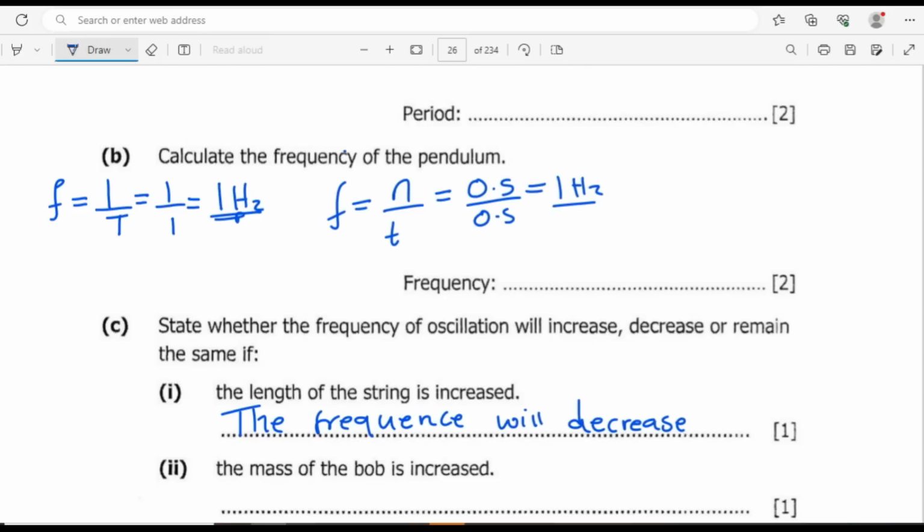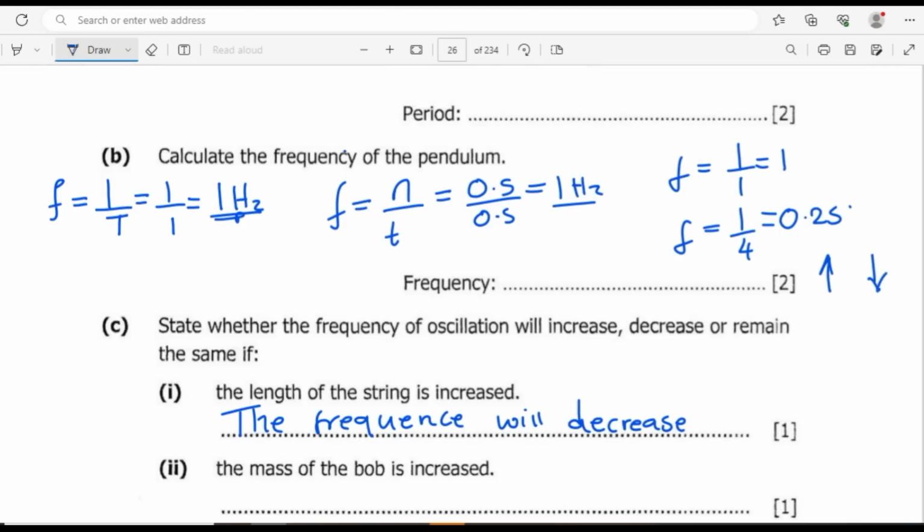because we know that to calculate frequency, we said 1 over 1 will give us 1. Now let's say the period is 4. If we divide 1 by 4, we are going to get 0.25. So you can see that if the period increases, then our frequency must decrease.